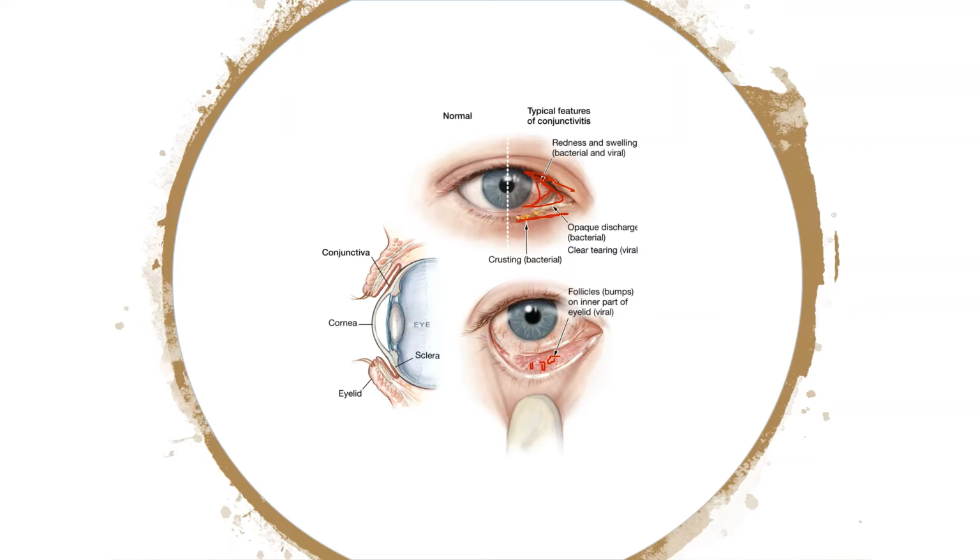If this gets really bad, then you want to go to the doctor. If it's viral, you usually can fight it off on your own. If it's bacterial, sometimes you can. But if you start to really have a discharge that is an opaque color, not clear, or crust forming, and it's hard to open your eye because it's really crusty, you want to go in and get that taken care of by an ophthalmologist.